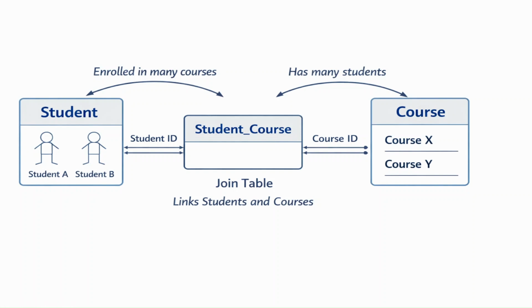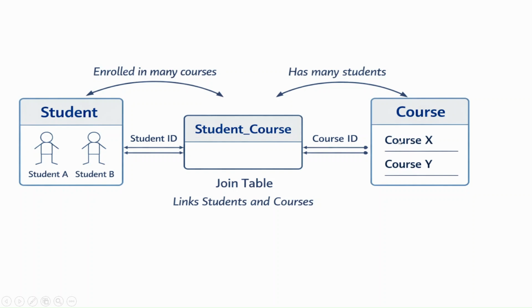Instead of that, what we can do is have a separate table, which is student underscore course. What will it save? It will save student ID and course ID. Let me give you an example. Let's say we have student A, which has ID 1. Now let's say we have multiple courses, mathematics and science.